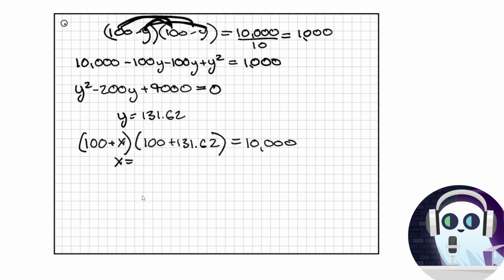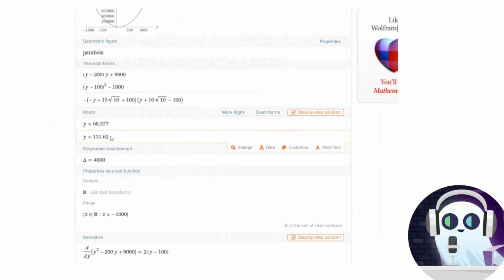In this case, x would be equal to 1,000 over... Isn't the right side going to be negative, like 100 minus 131.62? Oh yeah, okay, that's what it is. So it's going to be negative for sure. So it can't be this one, because that would be greater than 100. So it's got to be 68.38. Good call, Sid.